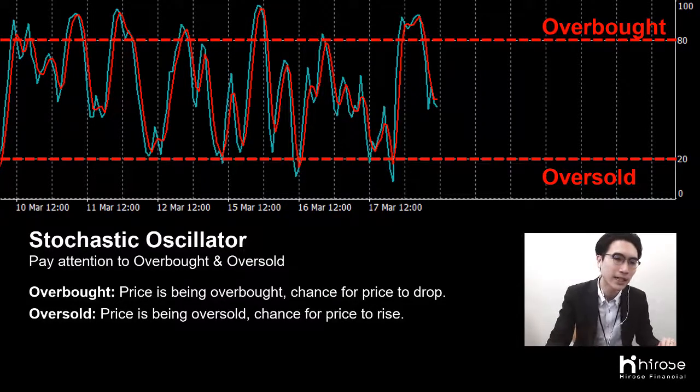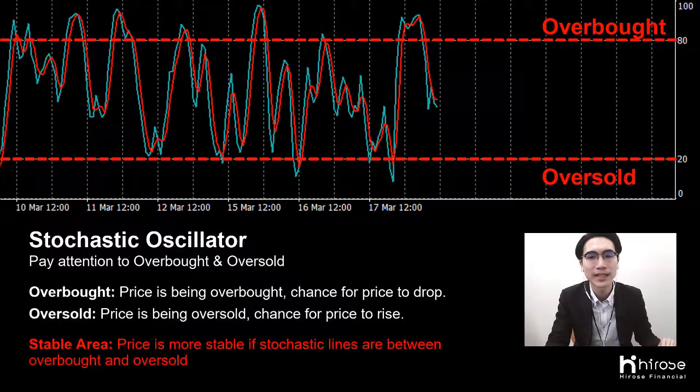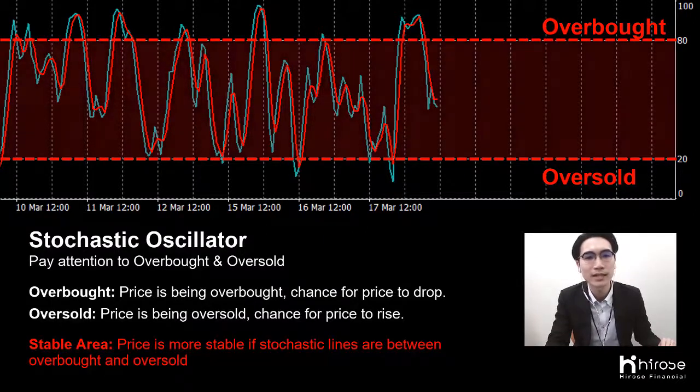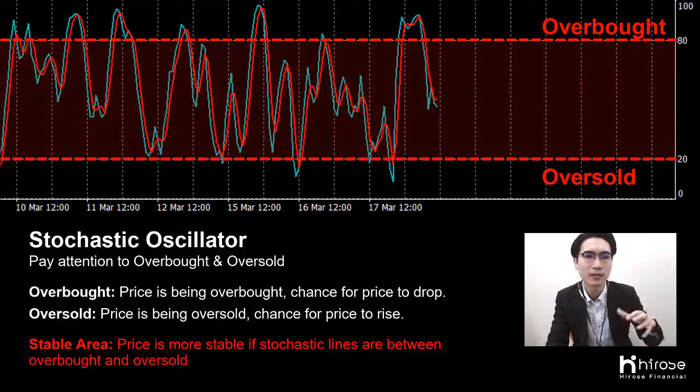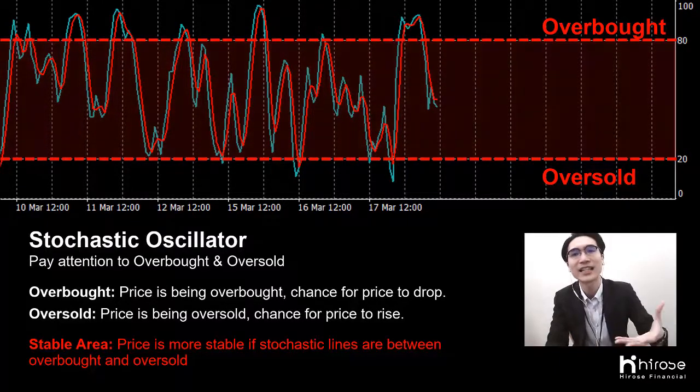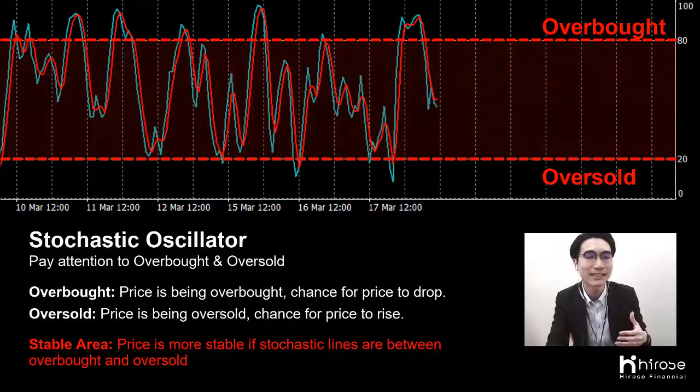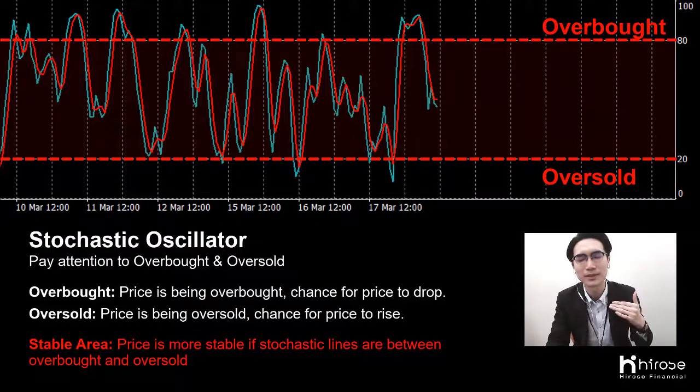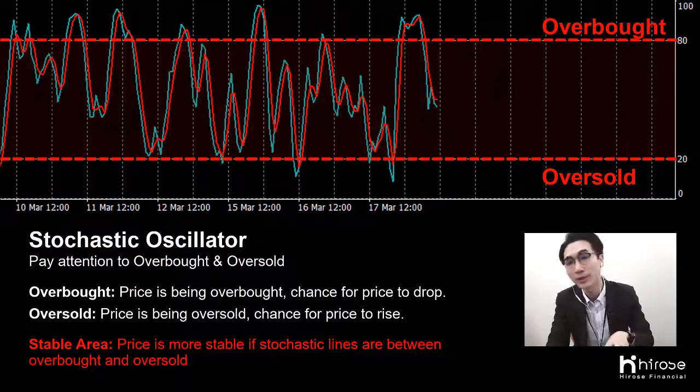This is why we know that if the stochastic lines, the green and red ones, are above the overbought or below the oversold, that means the price is not stable. Based on that, we know that the better timing for us to place a trade is when the stochastic lines, the red and green ones, are between the overbought and oversold.